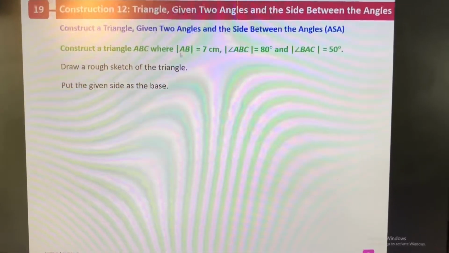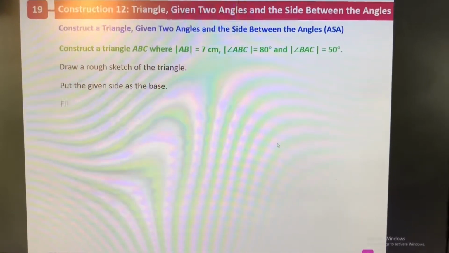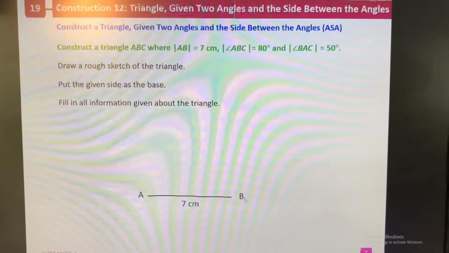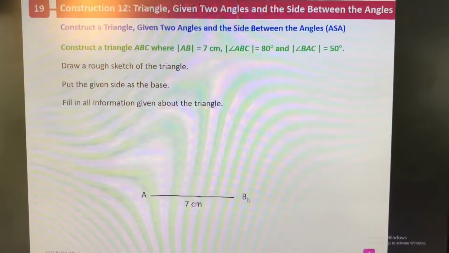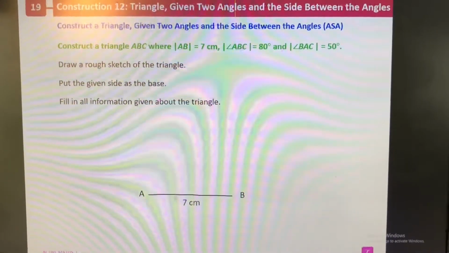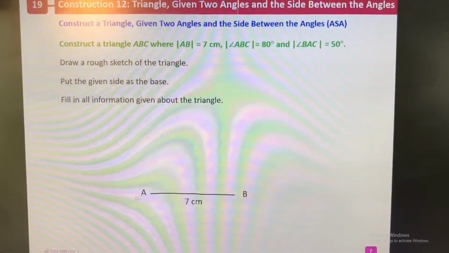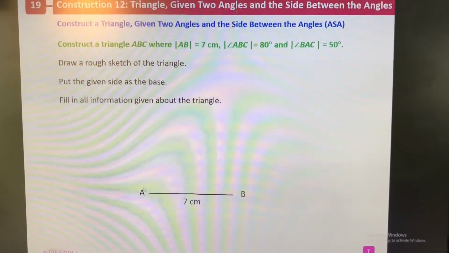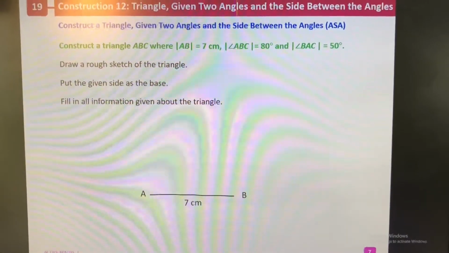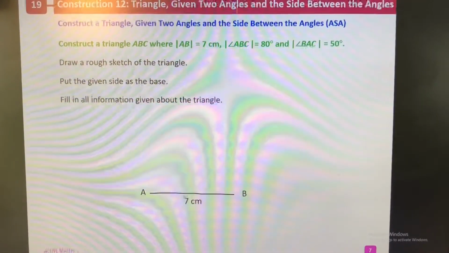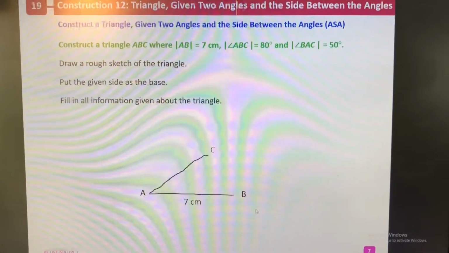And in this case, it's from A to B. So we're going to use our ruler then to measure A to B of 7 centimeters. Now for our sketch, if you recall, we don't need to use our ruler this time. We're just drawing a rough idea. So you can just do a small line segment. And of course, we make sure that we write on the measurements and the 2 points.